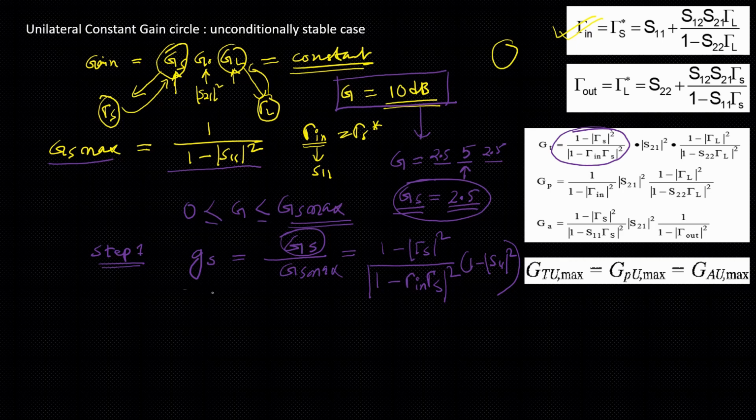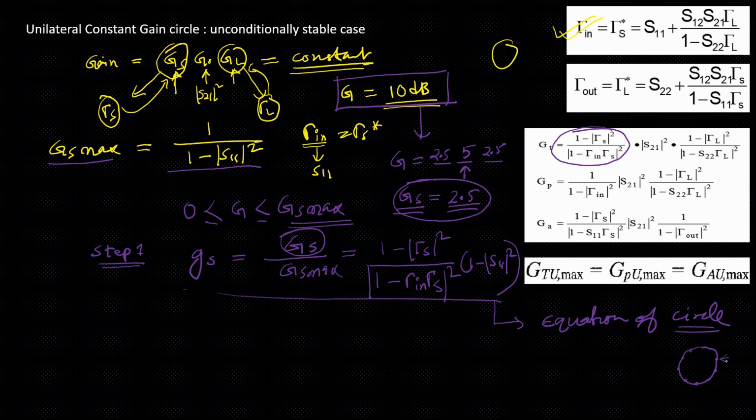Now we need to expand it in such a way that I get an equation of a circle. And in the equation of a circle, each point should give me a value, because I will draw this circle in my Smith chart.